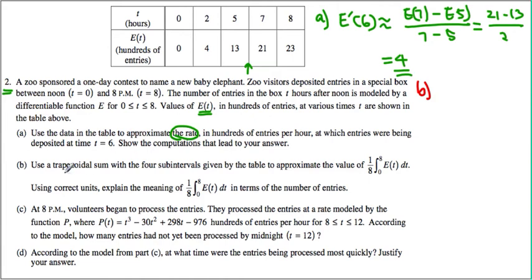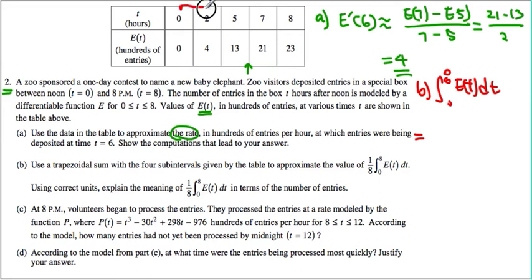In this case, we're using the trapezoidal sum, and we want to approximate this value. We can calculate the integral from 0 through 8 of E of t dt using the trapezoidal sum. We'll calculate this one first, and then we'll apply 1 over 8 after that.